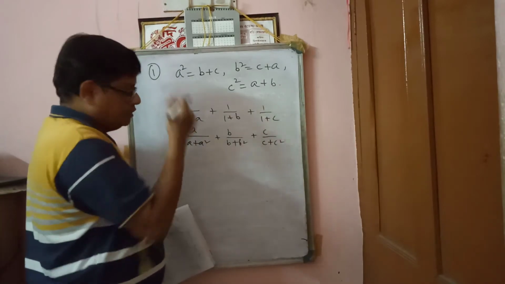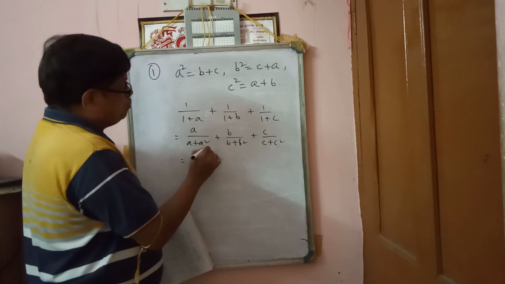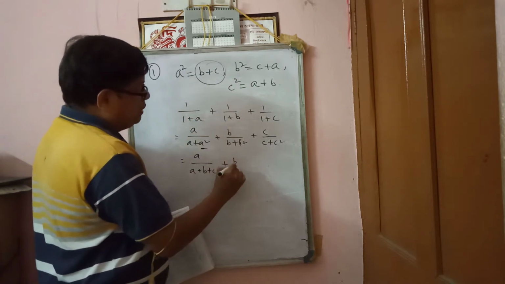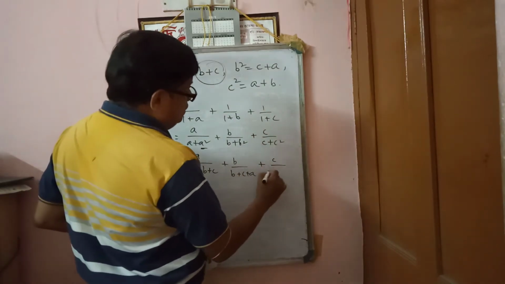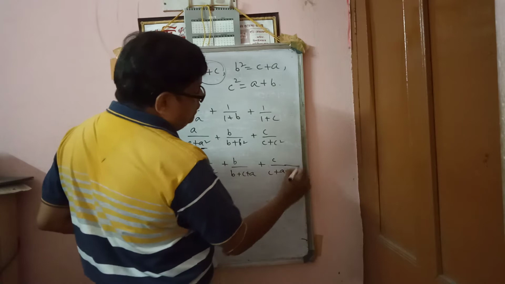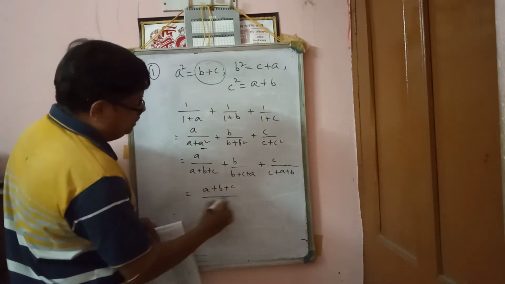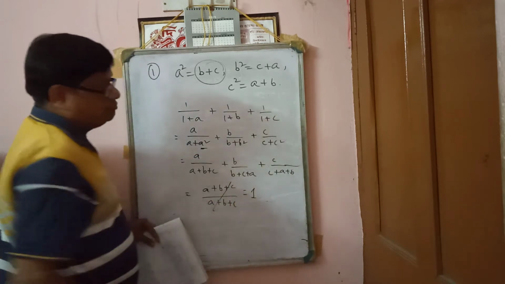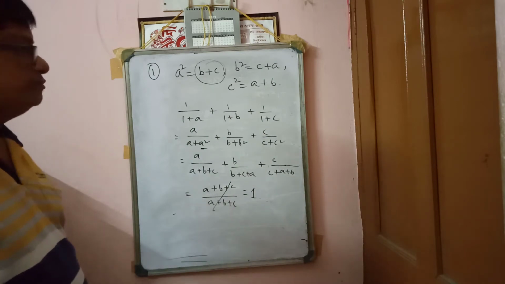Now a plus a square you can write as a times (1 plus a)... so the terms become a by a plus b plus c, b by a plus b plus c, and c by a plus b plus c. So this part will be a plus b plus c by a plus b plus c, both cancel, and this will be 1. This is the answer.